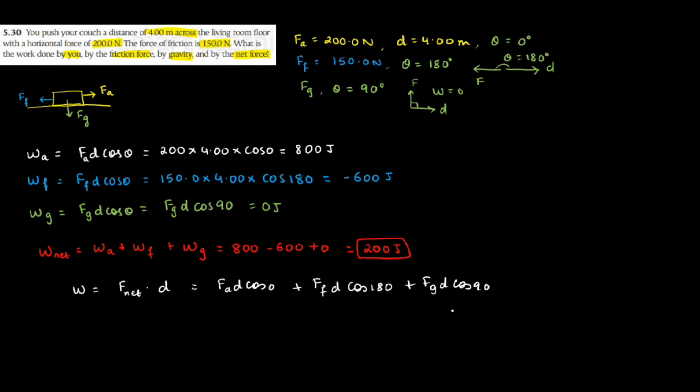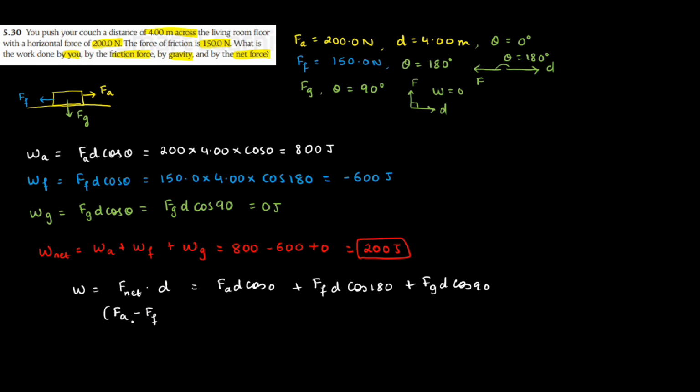Or you can write the net force by taking into consideration that the applied force acts in the same direction as displacement, so we take it positive. Force of friction acts opposite to the displacement, so we take it negative. I will not include force due to gravity here because force due to gravity and displacement are perpendicular to each other, so work done by that force will be 0.